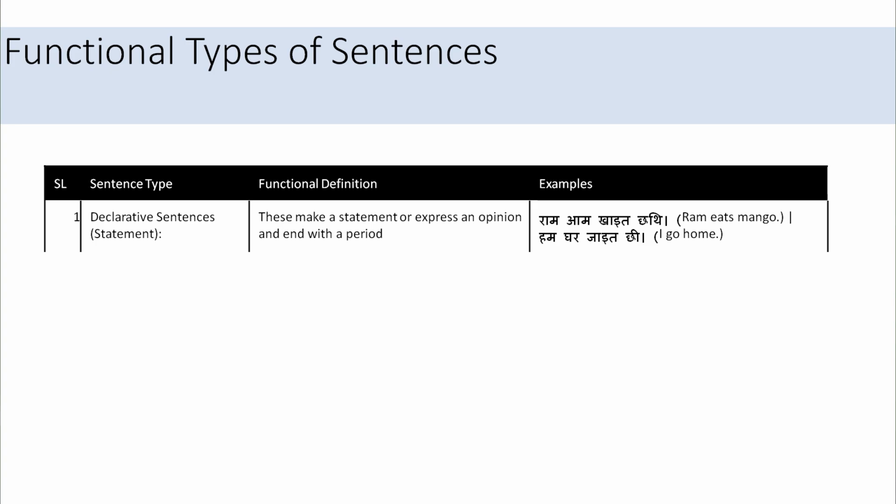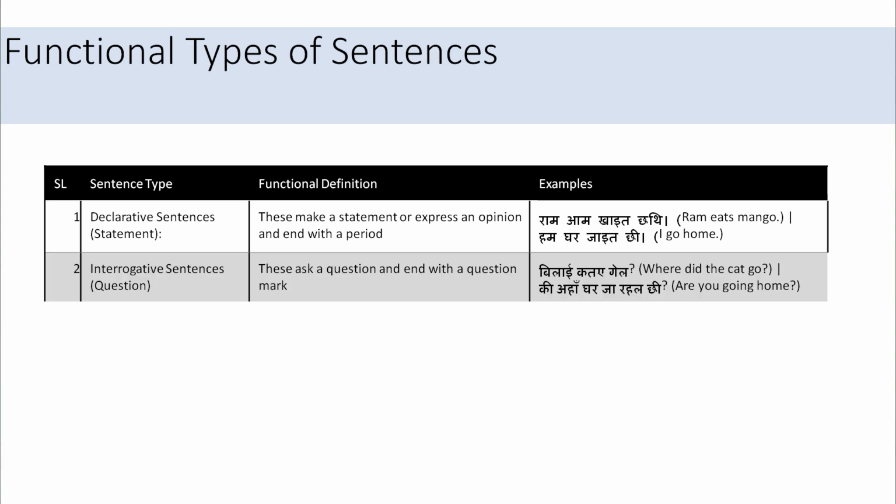These statements simply express an opinion and end with a period. For example, Ram eats mango, which is "Ram aam khait chati" in Maithili. It is a simple sentence. Similarly, in Maithili, "Ham ghar jait chi", I go home, is another example of a simple statement.